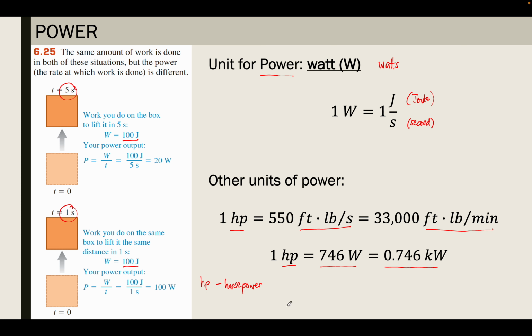Let's say, for example, the problem gives you units in terms of horsepower or kilowatts. At least you know how to convert these units into our basic unit, or SI unit, for power, which is watt or watts.